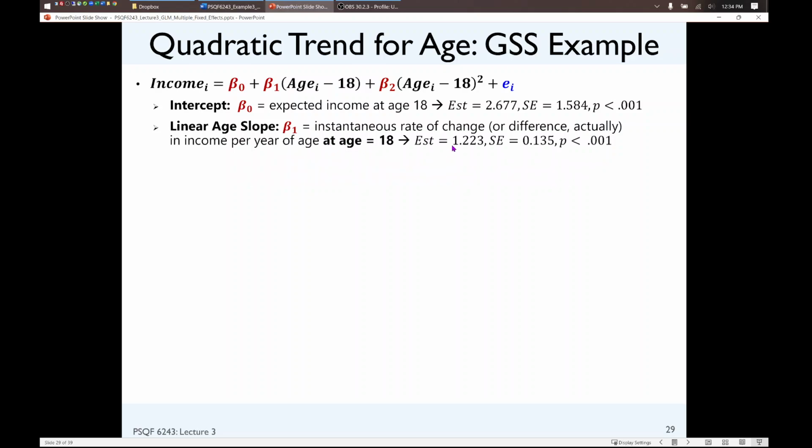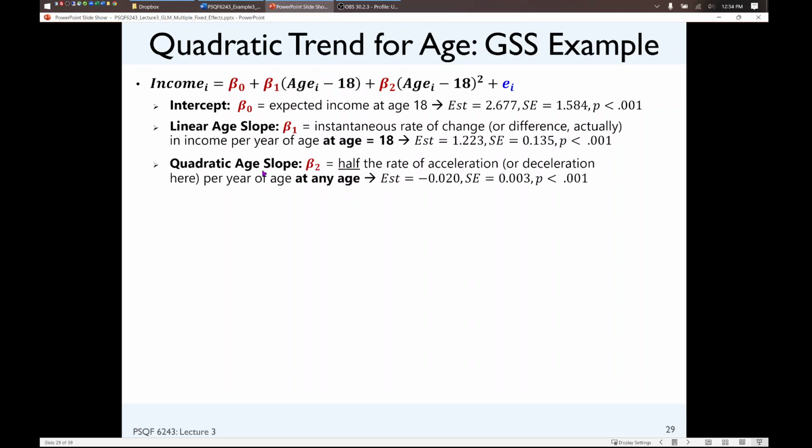So then the quadratic slope. Actually, let me interpret this one. So at age 18, for every additional year of age, income is expected to increase by $1.2 thousand, and that is a statistically significant positive slope. So at 18, there is a positive relationship such that more age is related to more income. You make more money as you get older.